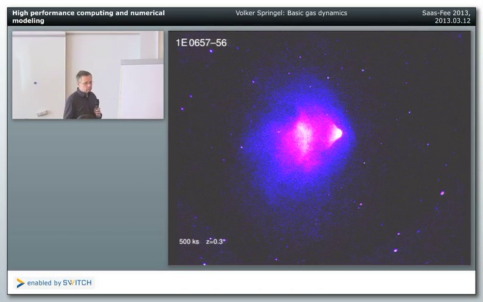Now, where is the shock here? This picture is kind of deceptive, in that you'd say it's here, the strongest feature, but it's actually not there. It's over there, this fainter bluish edge. This is the bow shock. This here is the contact discontinuity, which is behind the shock.